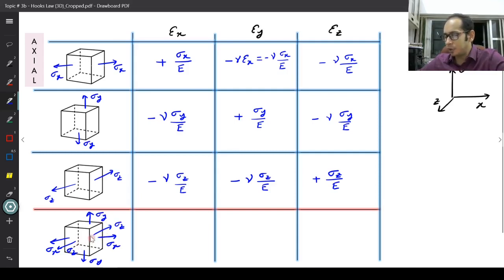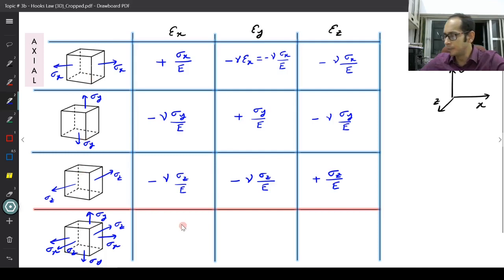Now let's come back and look at my original cube which had the stresses in all the directions, right? So when I have all the directions, I am going to apply the principle of superposition over here. My epsilon x is simply going to be a summation of all of these three. This structure with these different stresses is simply a summation of these three structures.